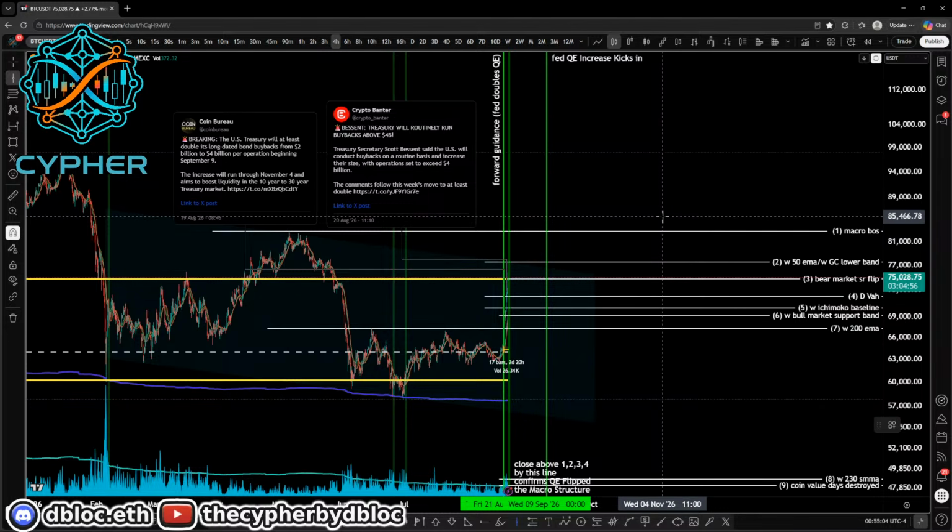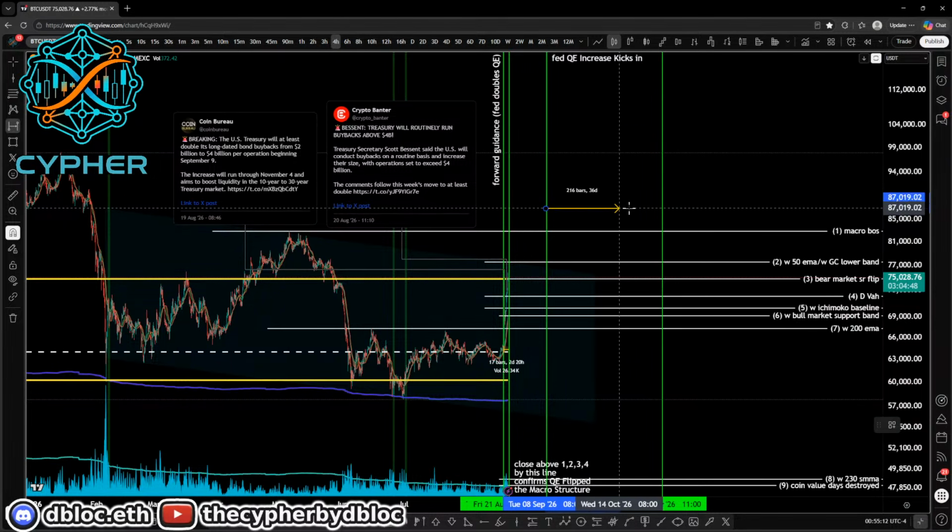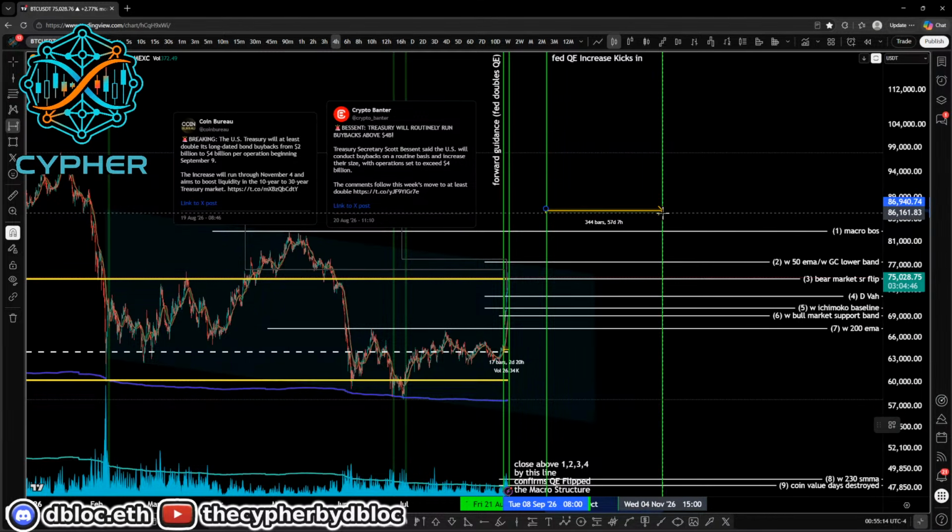So the period of extended QE is between November 4th and September 9th. Okay, so basically 2 months. Now, what the Fed is now giving forward guidance to is that they're ready to do more than just that.